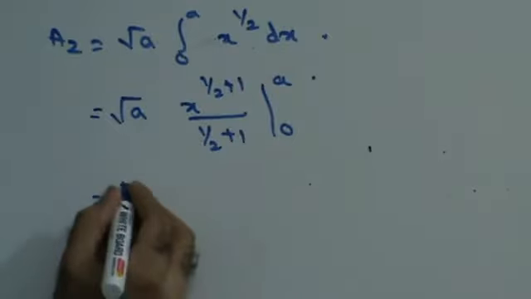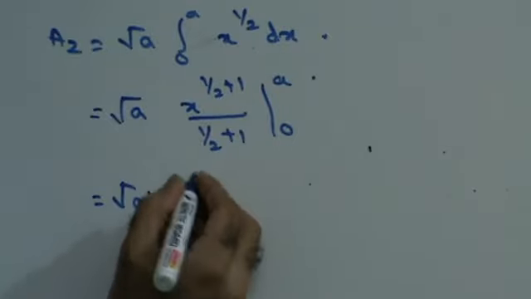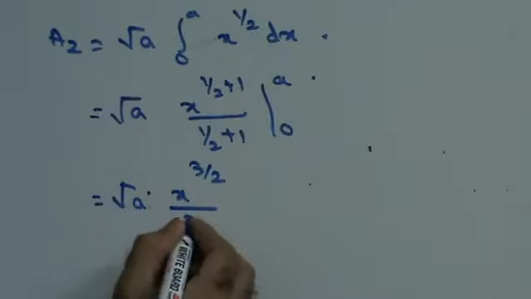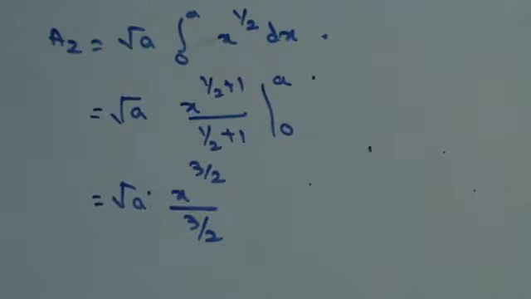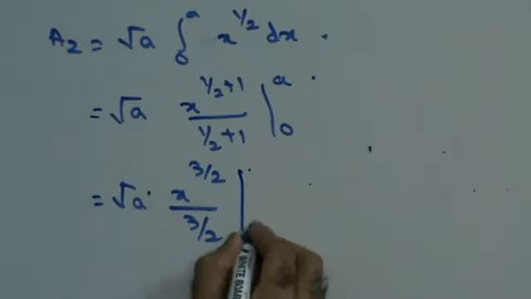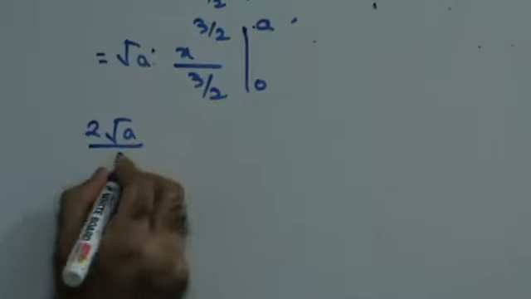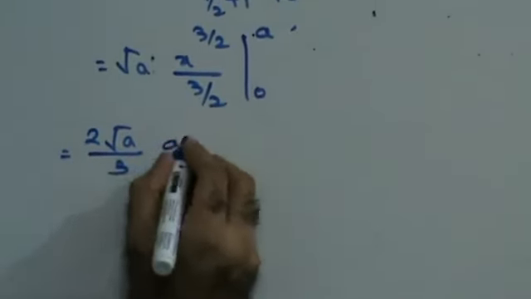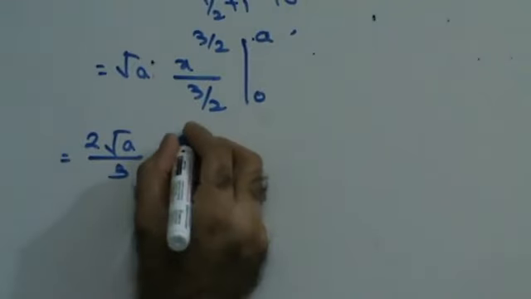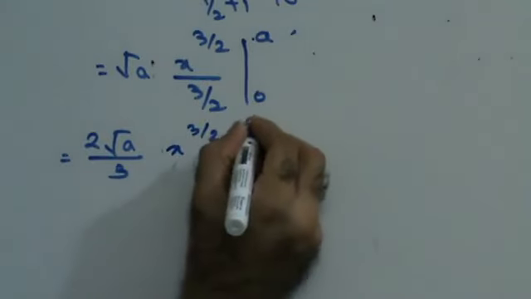So this is going to be root a x raised to 3 by 2 upon 3 by 2, right? So this is going to be 2 root a by 3 times x raised to 3 by 2 when the limits are between 0 to a.